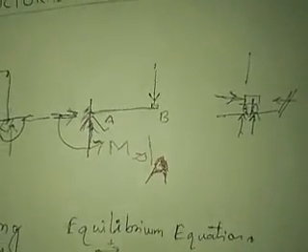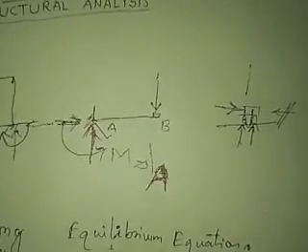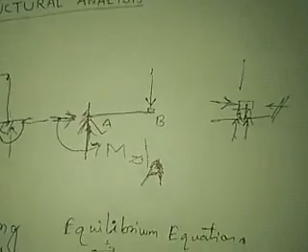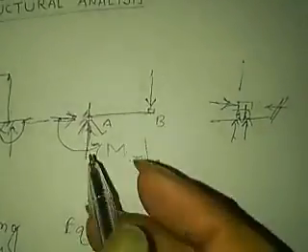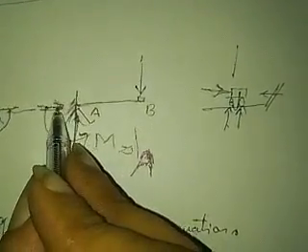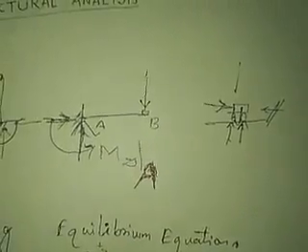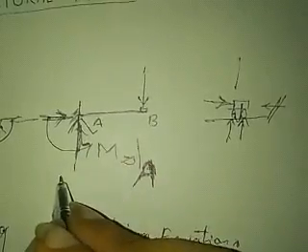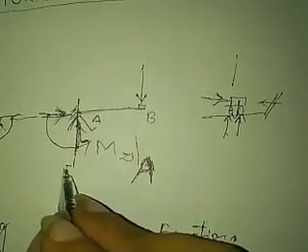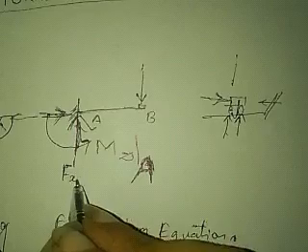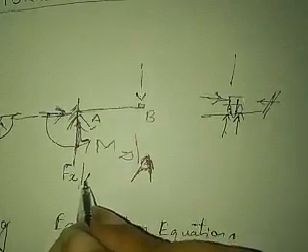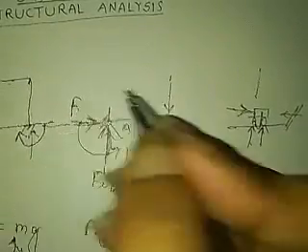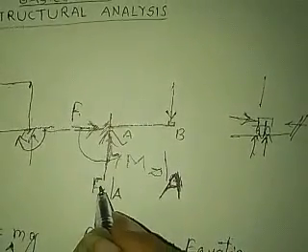We need to visualize. We are making a structure. We have to visualize the thing in reality. So we have to imagine, and that is a vertical reaction. I say it is Fx, and that is also on A. This is Fy.